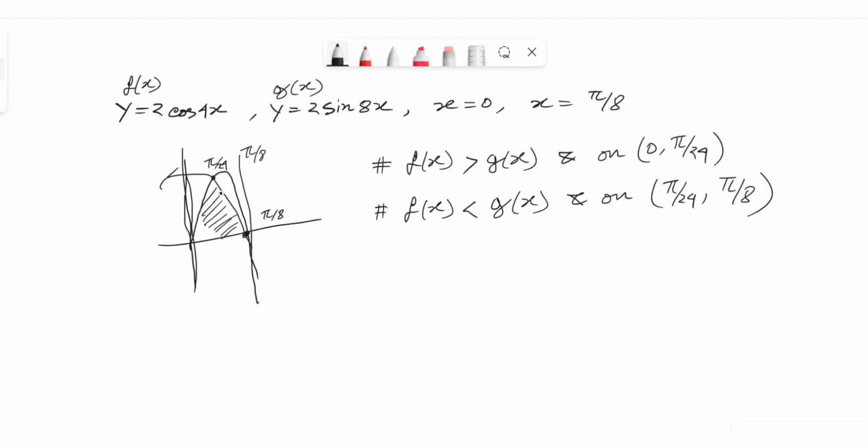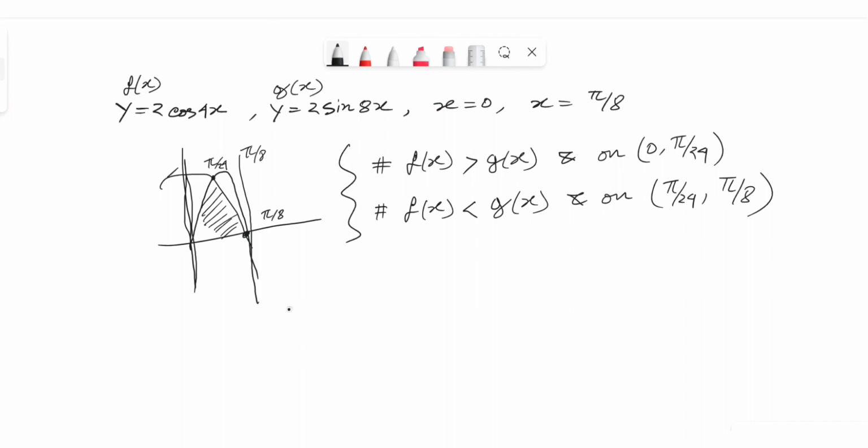We can see that this is the function f of x, and this is g of x. So after pi by 24, g of x increases and f of x decreases.